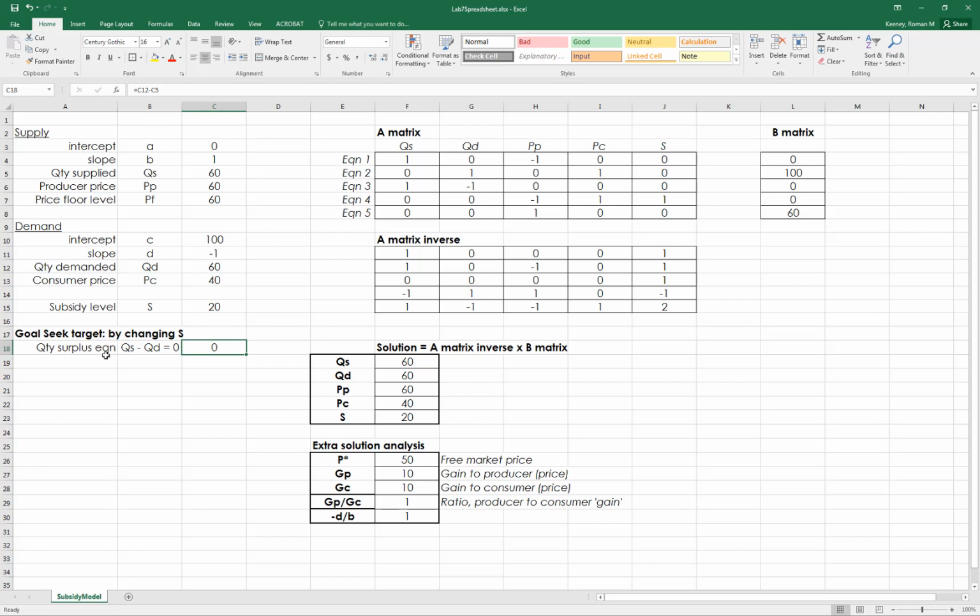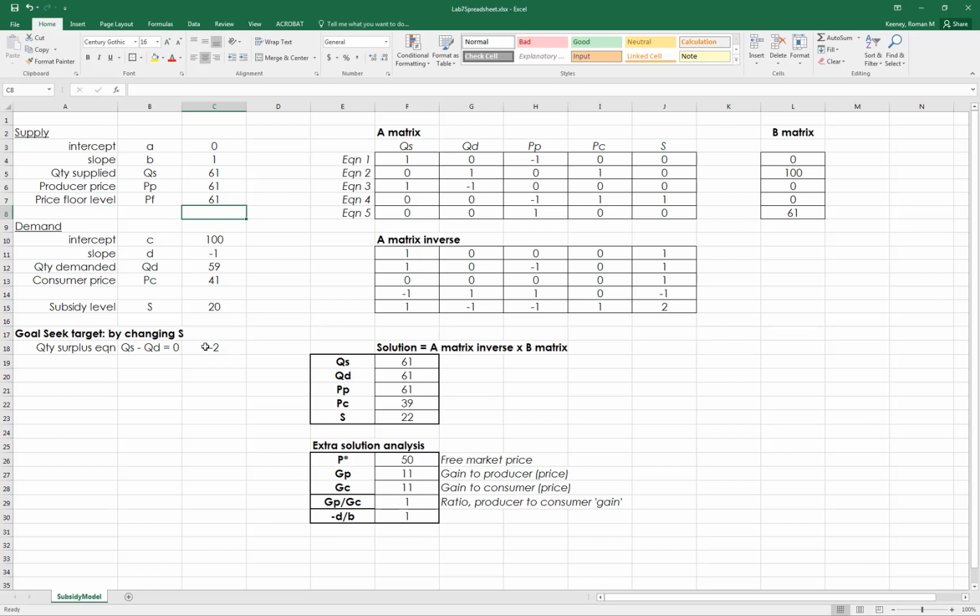So the easiest way to do this is to use this quantity surplus, or use the market clearing condition, force it to be 0, and use goal seek to solve. Let me show you how that works. Let's say that instead of the price floor of 60, we decided to set it to 61. What happened there?